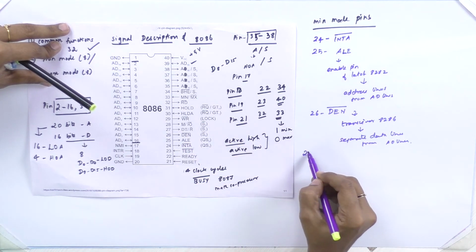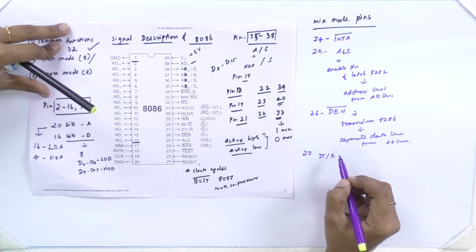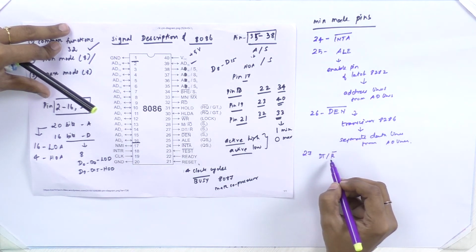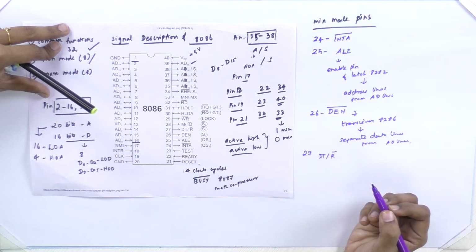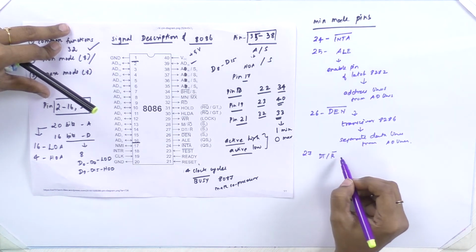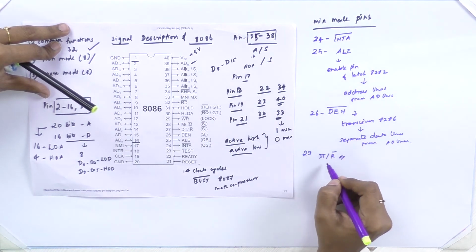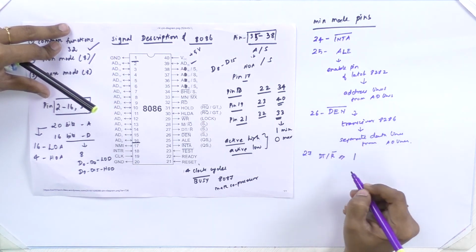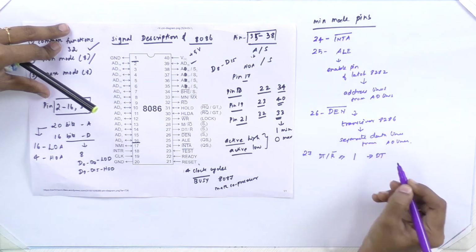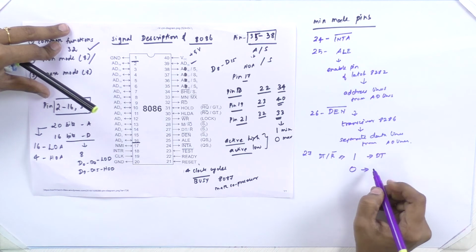Next, pin number 27 is called DT bar R. It means data transmit or receive, that is whether the processor is transmitting the data or receiving the data. If logic 1 is applied to this pin, then data is transmitted. If this pin is applied with logic 0, then data is received.